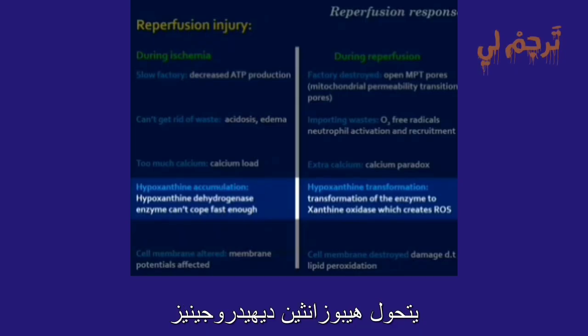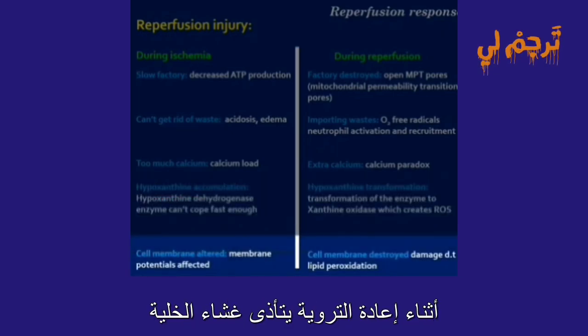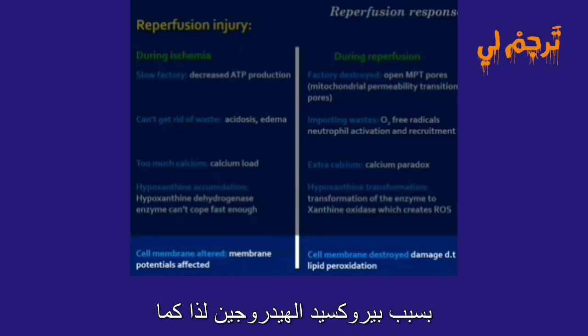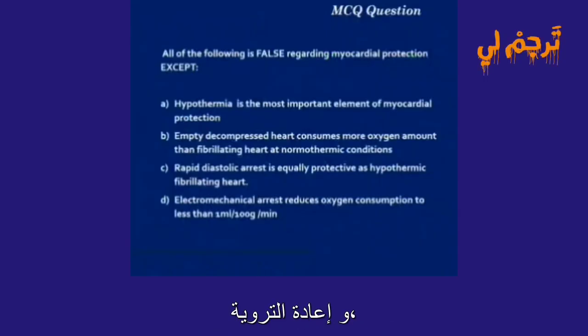So hypoxanthine dehydrogenase gets transformed to xanthine oxidase. Finally, the cell membrane is altered during ischemia. During reperfusion, the cell membrane gets damaged due to lipid peroxidation. So as you can see, these are the ischemic and reperfusion effects.